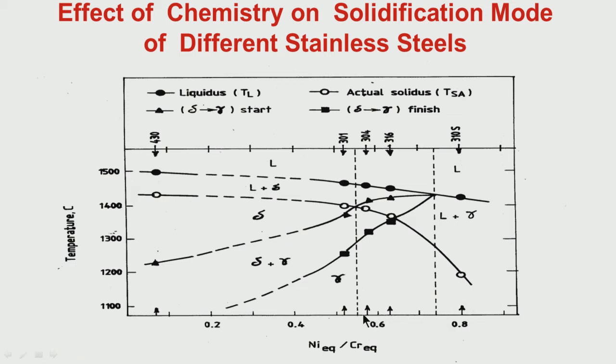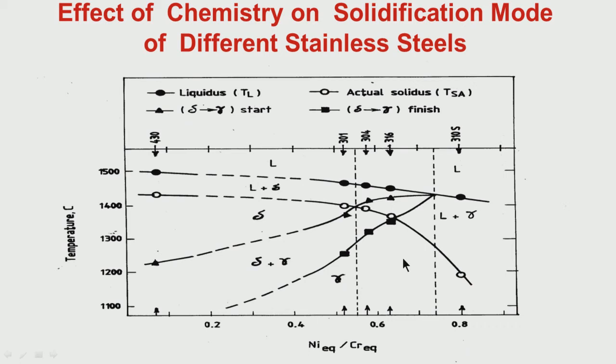When this ratio is between 0.55 and 0.74, it is delta plus gamma. But when delta to gamma will take place depends on this ratio. As you increase the nickel equivalent to chromium equivalent ratio, delta to gamma takes place at an earlier temperature during solidification. This is what is important.